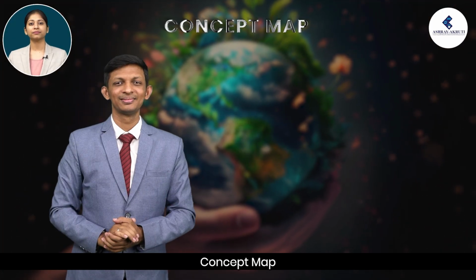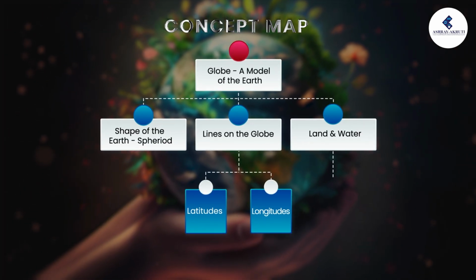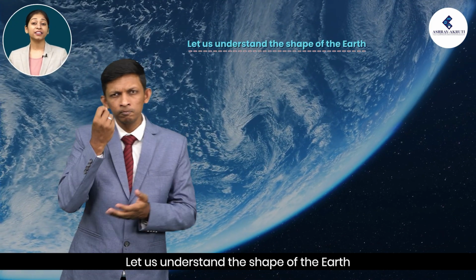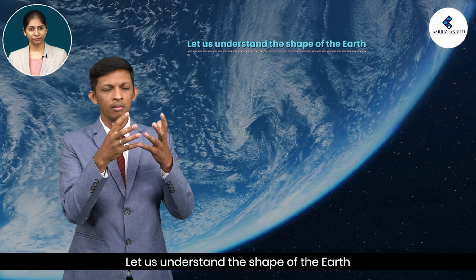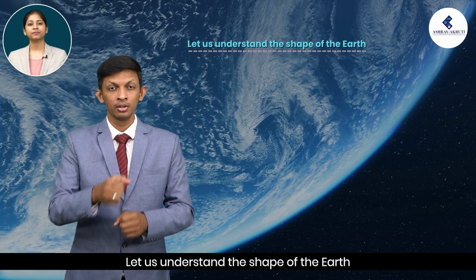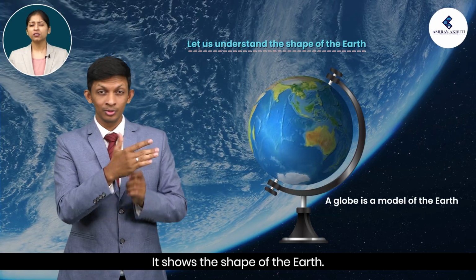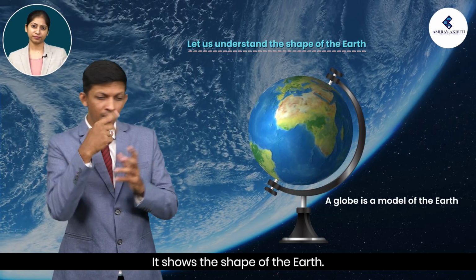Concept map. Let us understand the shape of the Earth. A globe is the model of the Earth. It shows the shape of the Earth.